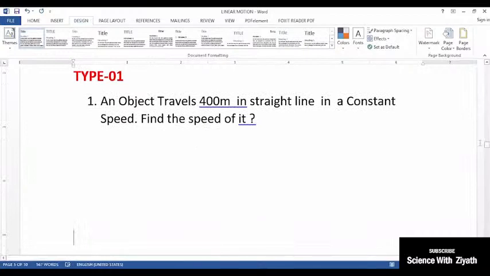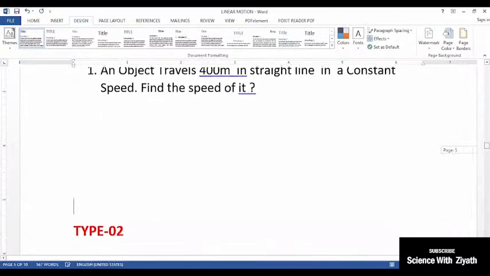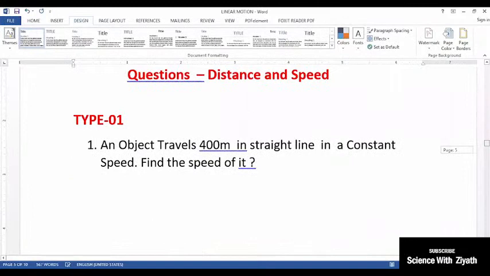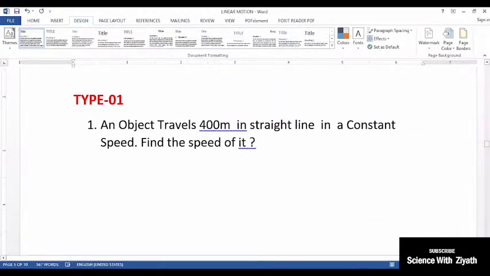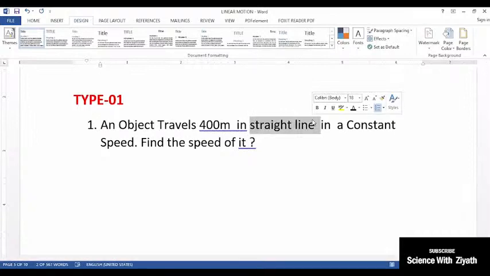The first one, what's that question? Let's do that. Can someone do it? An object travels 400 meters in a straight line at a constant speed. Find the speed of it.